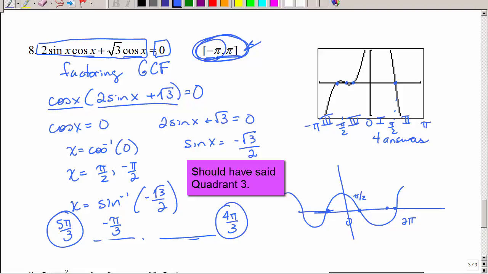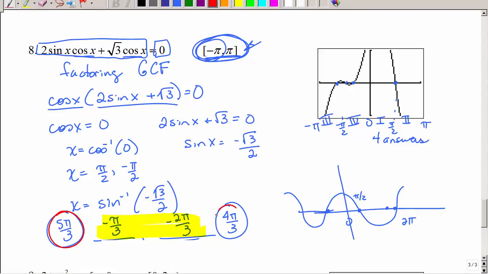But I need to express it as a negative angle, which would be negative 2 pi over 3. These answers may be correct in a different interval, but they're not correct for this interval. You've just got to be thinking all the time how you can express positive angles as negative angles and vice versa.